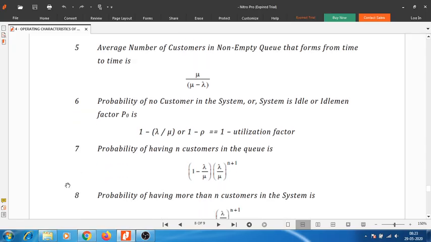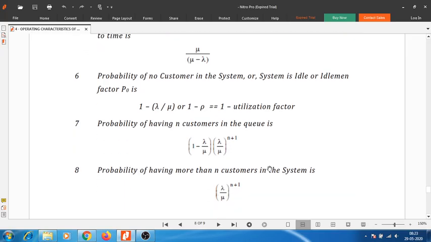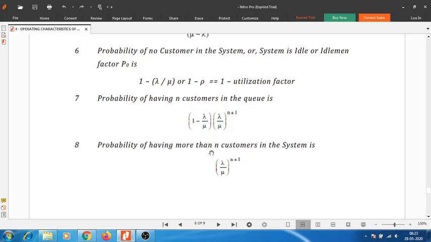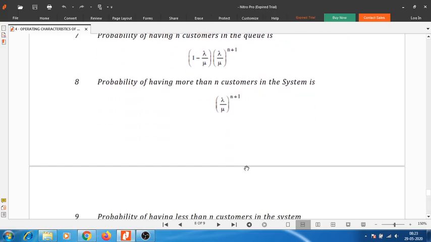Again, the probability of having n customers in the queue, we already derived this point here. 1 minus lambda by mu into (lambda by mu) whole power n minus 1. The probability of more than n customers in the system is (lambda by mu) whole power n plus 1.